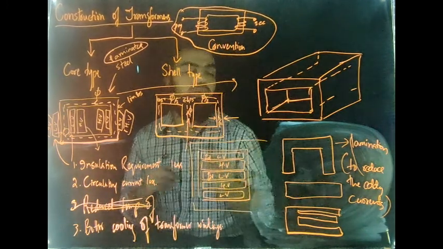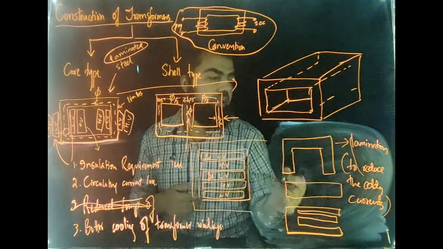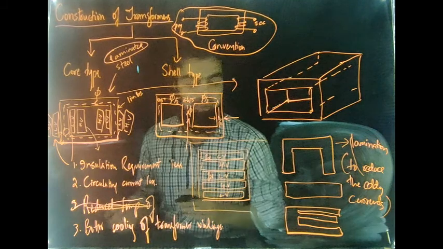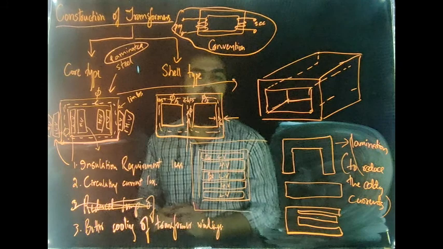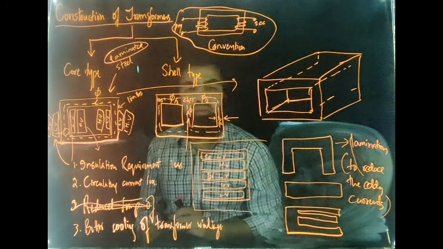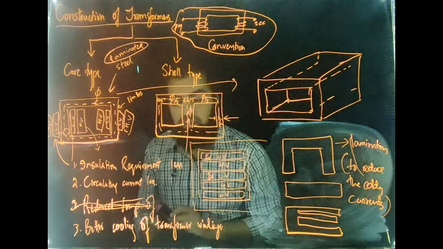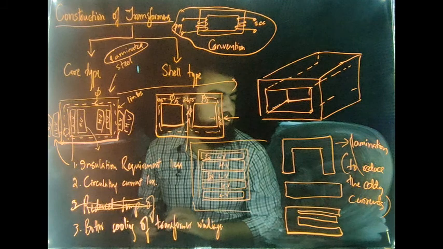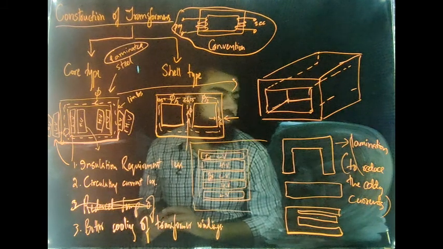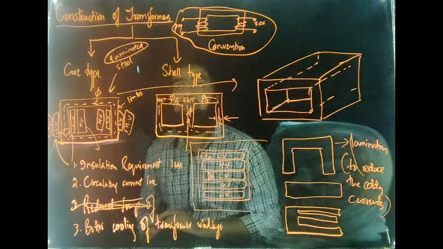Also, this core is not made up of one solid block, it's made up of laminations, and these laminations are tapered at the center. The width of the limbs will be more as compared to the edges. This makes room for uniform flux distribution, and laminations are used to reduce the eddy current losses in the system. So this is about the construction of the transformer.